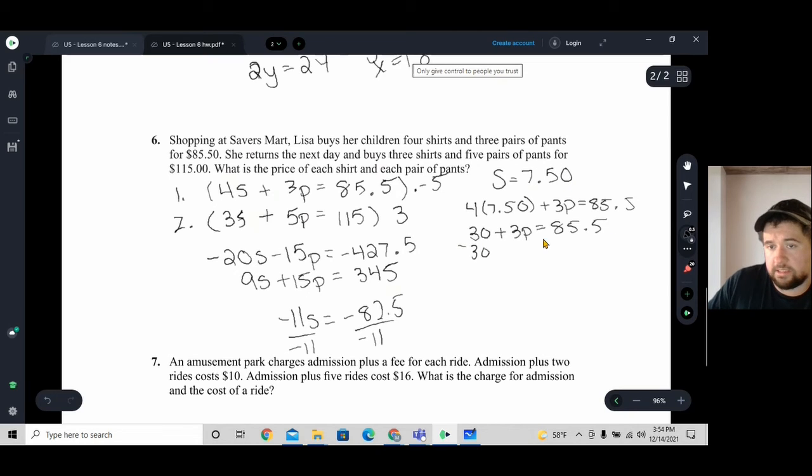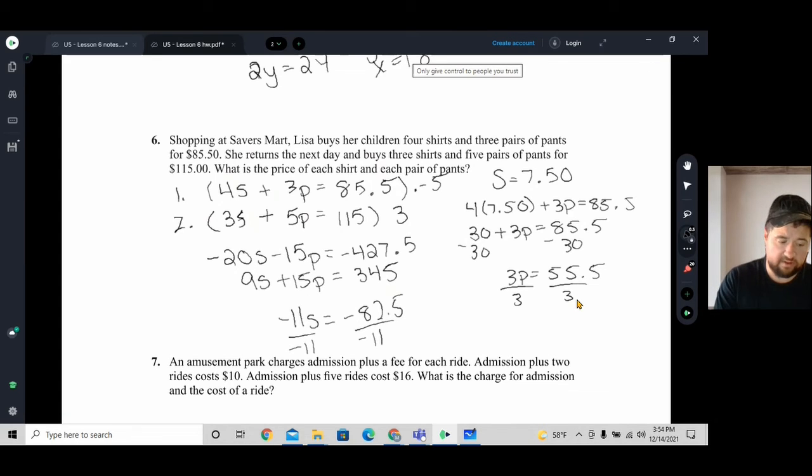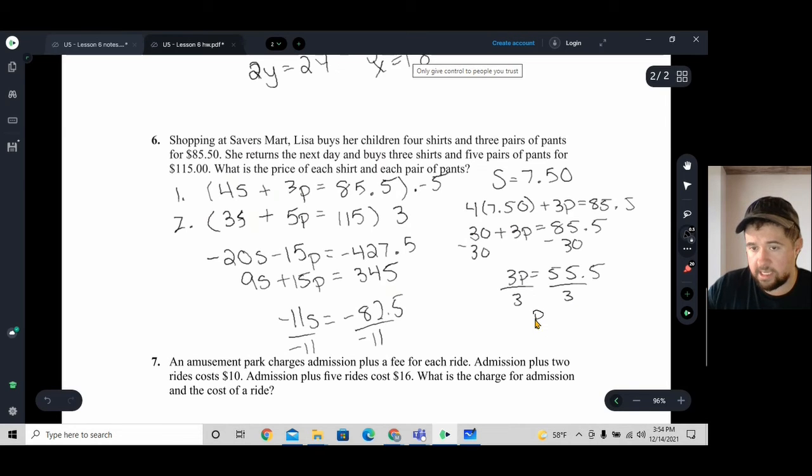Subtract 30 from both sides. 3P equals 55.5. Divide by 3, divide by 3. 55.5 divided by 3 is 18.5. So P equals 18.5, and we'll check.